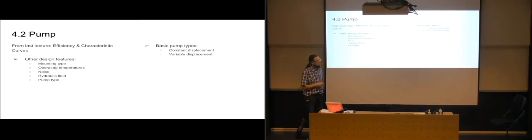And then you have those which are variable displacement. So they are constructed in such a way that they can actually change the volume inside. So the volume that is pushing the fluid through the pump can actually change. So they can change the dimensions of the room where the hydraulic fluid is in while it's being moved through the pump. And then you also have more controlled versions of them.